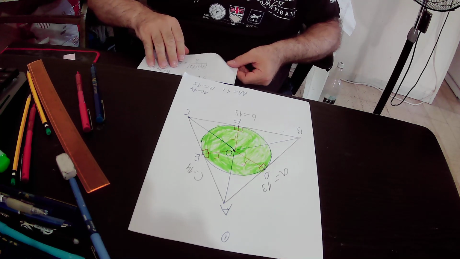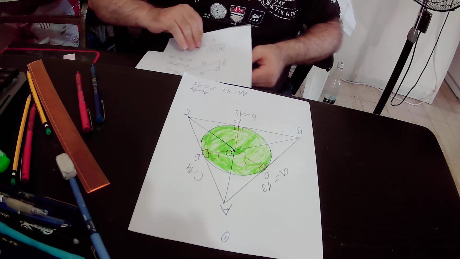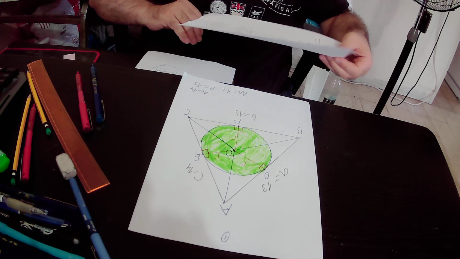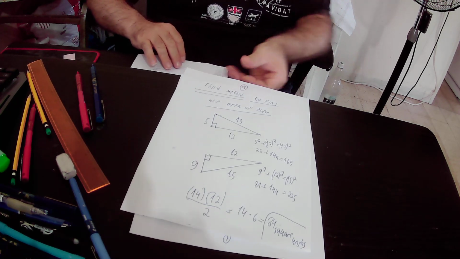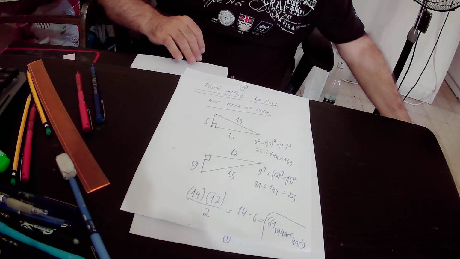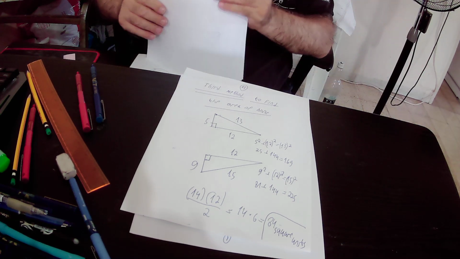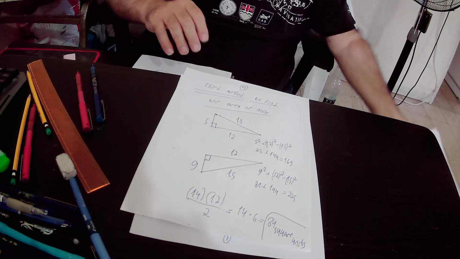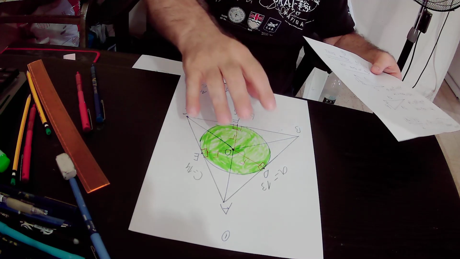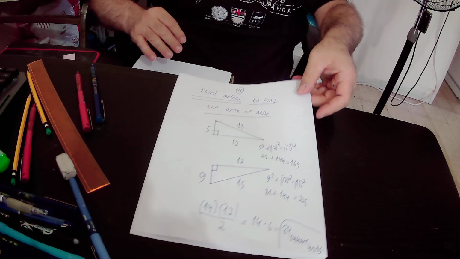And then we found out the area of triangle ABC in the third way by dividing triangle ABC into two right triangles.